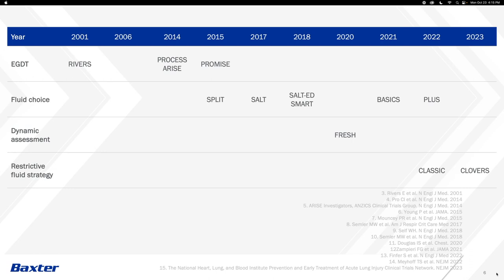For the reason that some clinicians that I've seen examine this literature really were relieved when Process, Arise, and Promise were published was in part because of resource-limited settings that did not have the capability to line every patient, which is what you really needed to be able to get that continuous SpO2.